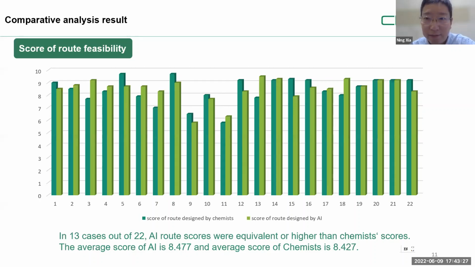In 3 cases, the AI score was equivalent to the chemist's, and the average score of AI is 8.477, just slightly higher than the score of the human chemist. So we can say the system is quite equivalent to an experienced human chemist.